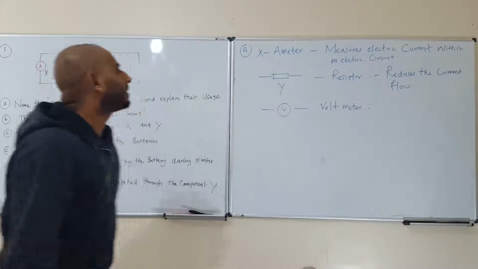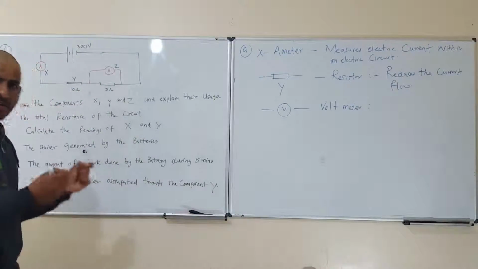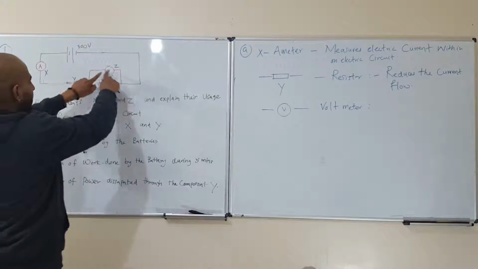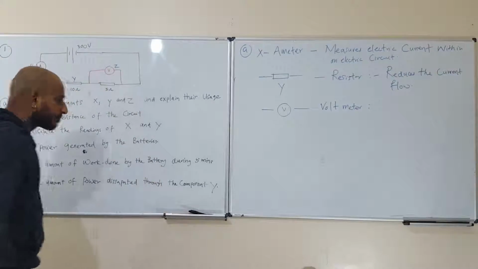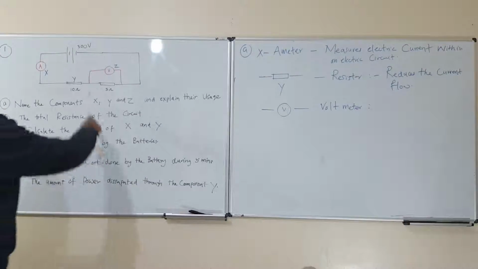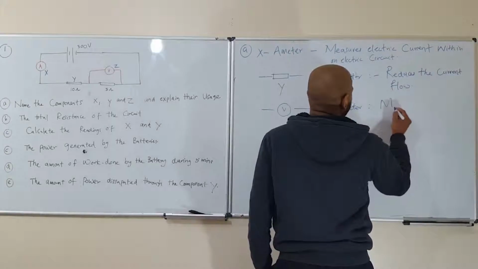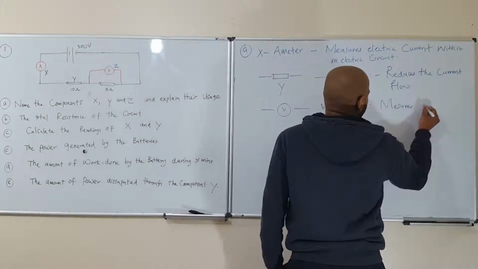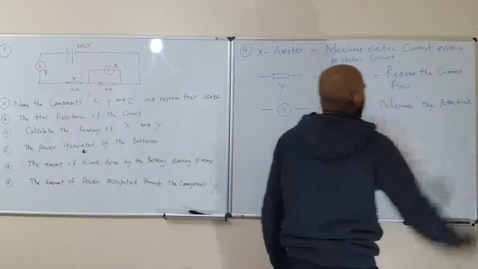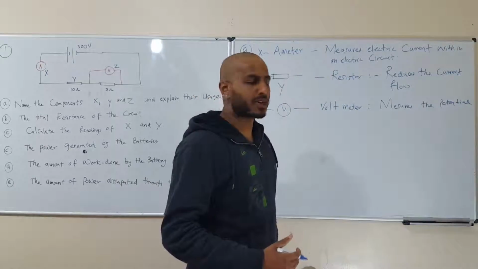What it does is basically measure potential difference across a component, or simply speaking, it measures potential difference. Like here, for example, it will measure potential difference across this resistor, and across the other resistor here. You can say voltage, but potential difference is a better term, much more accurate.